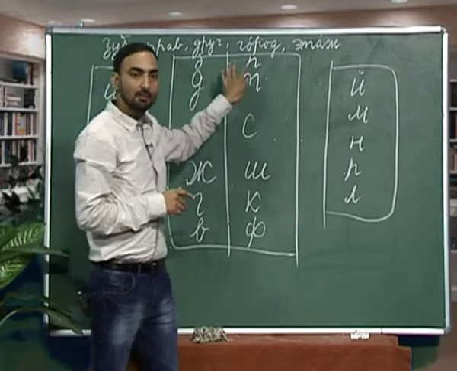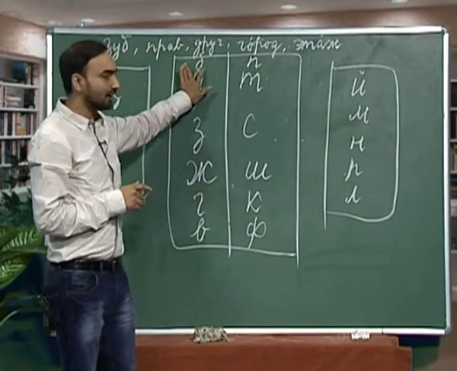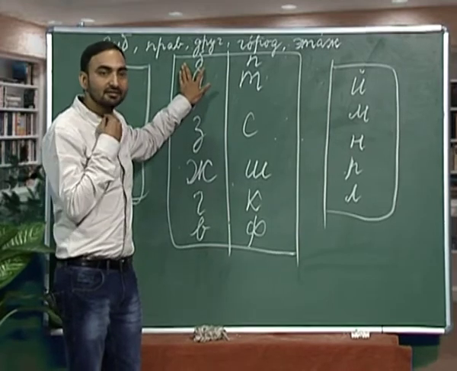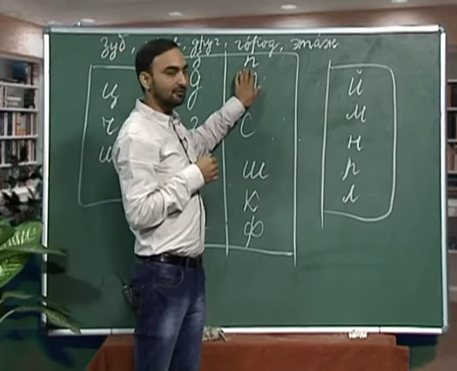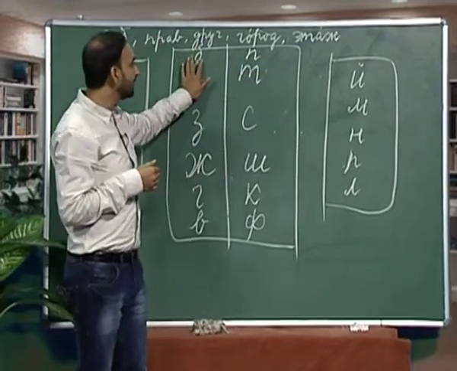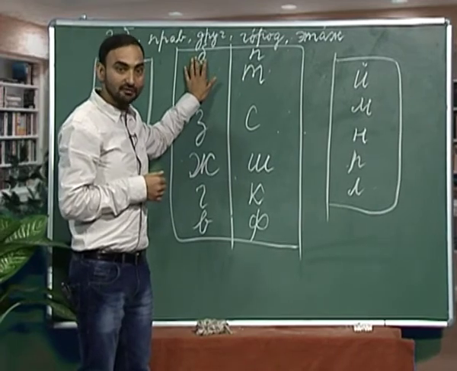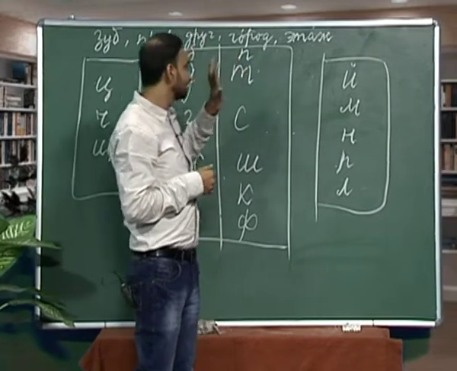B, P. You must have noticed that while pronouncing B, there are more vibrations felt here, and while pronouncing P, vibrations are less. So, this B is a voiced consonant as we have already defined, and P is voiceless.